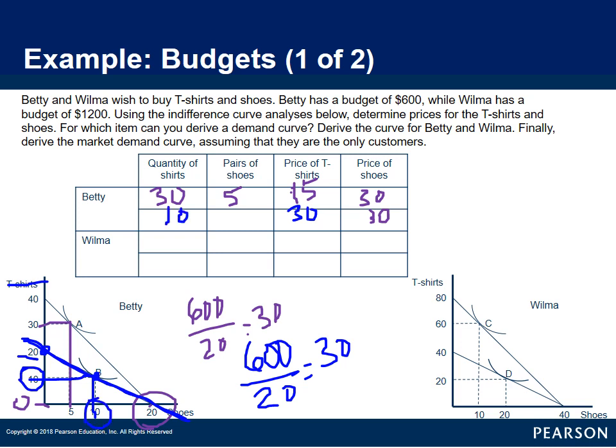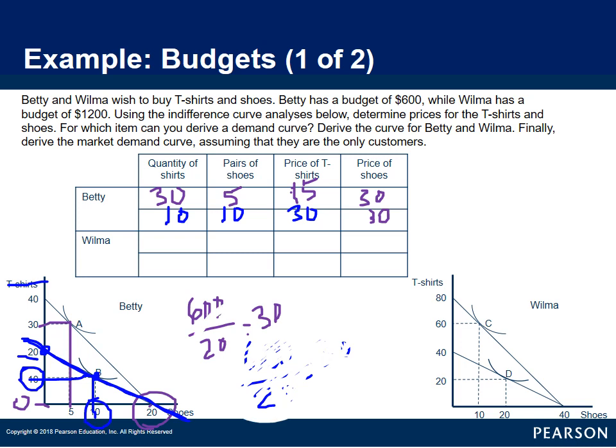So we can put 10 t-shirts, 10 shoes up there. Now we have all of Betty's figured out at the moment. I'm going to erase some of this. I don't know how to just erase a little bit, but I need some more writing room.